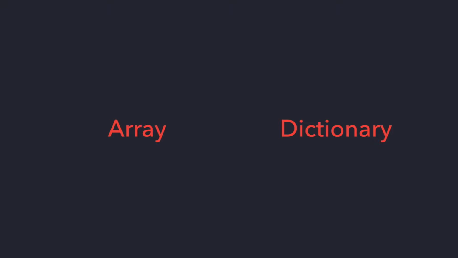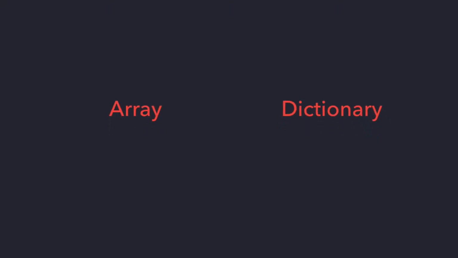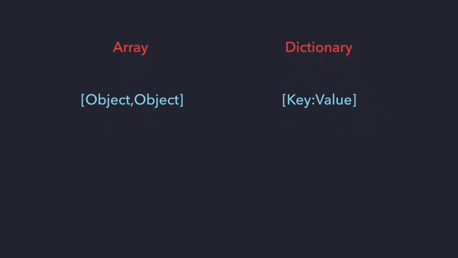So we talked about in the last video arrays, and let's kind of refresh on the arrays. Arrays look like this, where you are storing objects or data types together. You are using the brackets here to signify that this is an array.